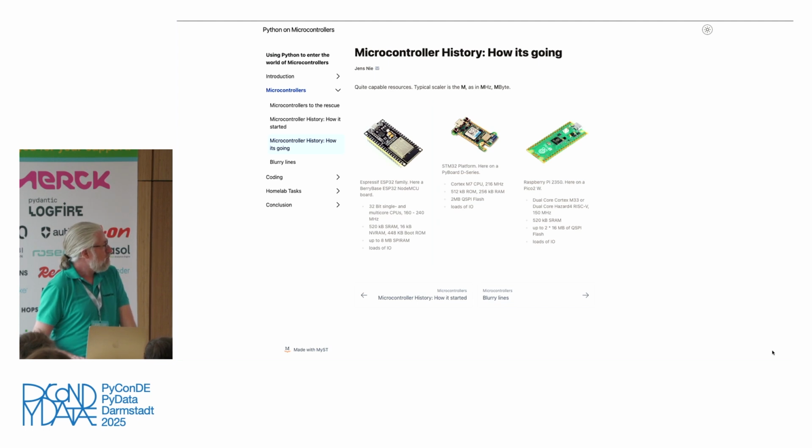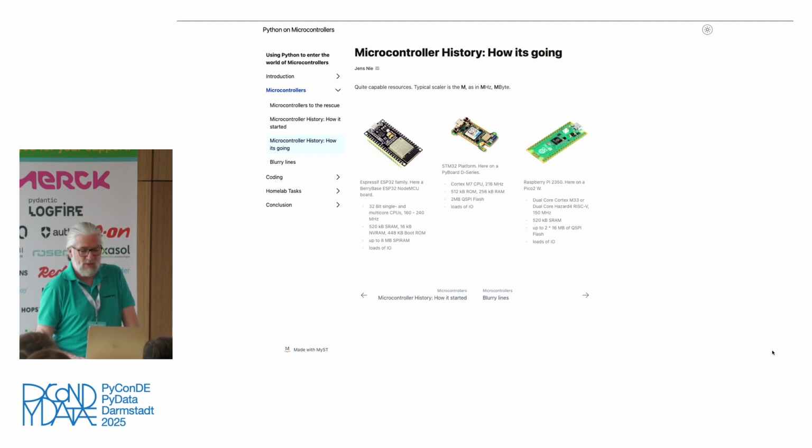Probably the most used microcontrollers in the maker scene, the ESP32 family, quite capable, 32-bit single or even multi-core CPU, 160 to 240 megahertz, already has megabyte range of RAM and ROM, quite capable of extending these platforms. There's a large variety of models on the market.